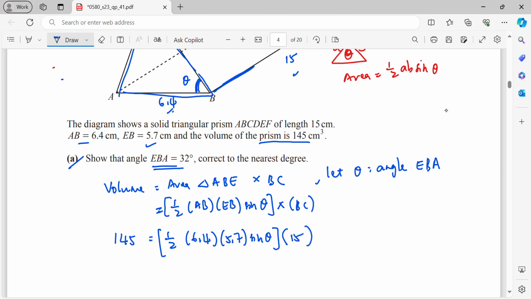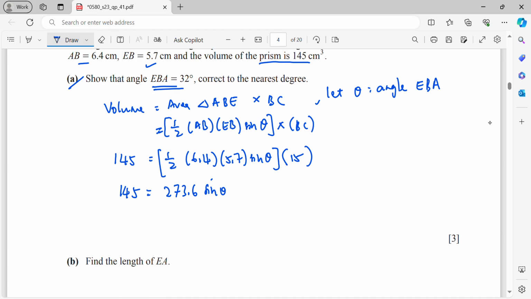Okay, so when you calculate the terms on the right side, you will be getting 273.6 sine theta. So now my sine theta is 145 over 273.6. Then from here you will be getting 0.52997.